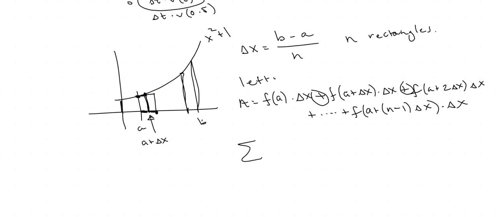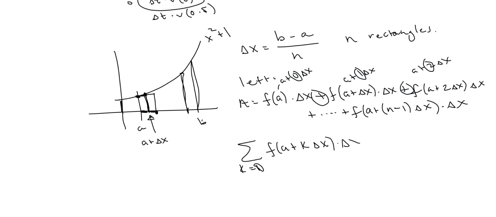And this something is going to go from 0. This is the same as a plus 0 delta x. This is a plus 1 delta x, then a plus 2 delta x, then a plus 3 delta x. You see this number keeps going up by 1. So we have f of a plus k delta x times delta x, that width, and we stop at n minus 1.